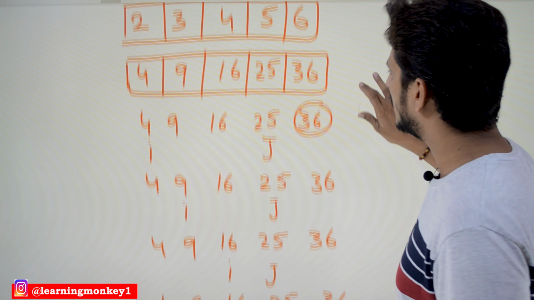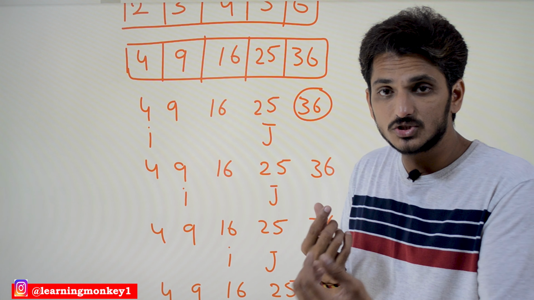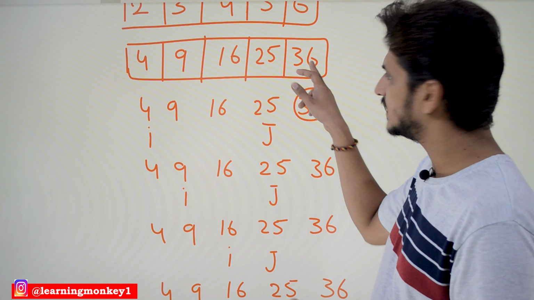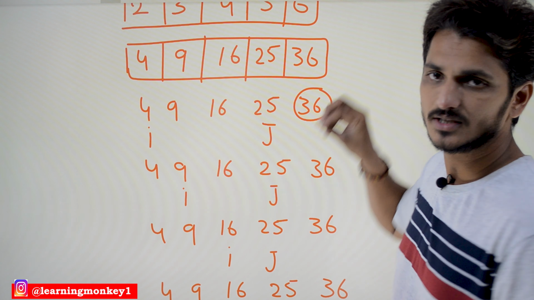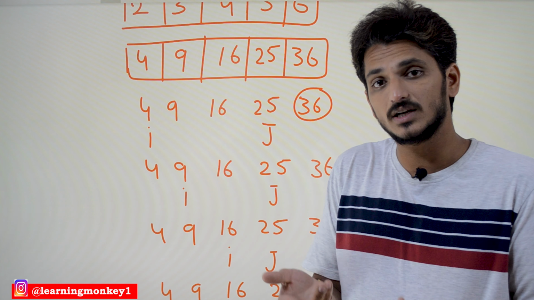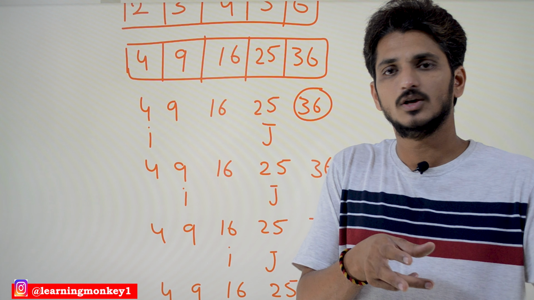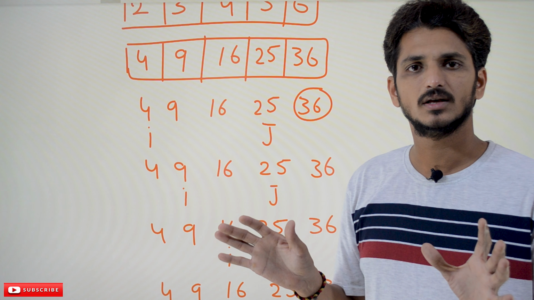From this, 36 can be obtained from the two smaller elements. We are going to identify whether a triplet forms using 36 or not. If you take 36, how do you get the 36 value? By the summation of two smaller numbers. So you have to check only the smaller values, that's it.